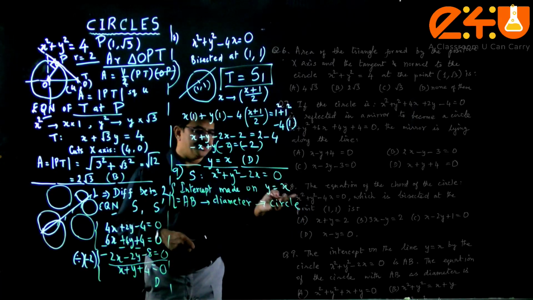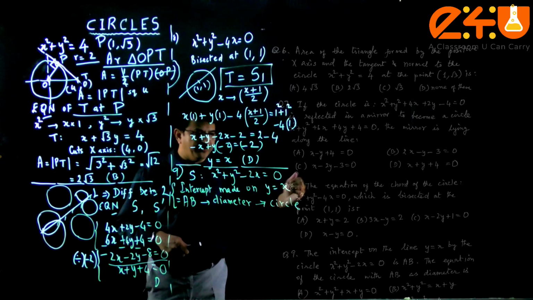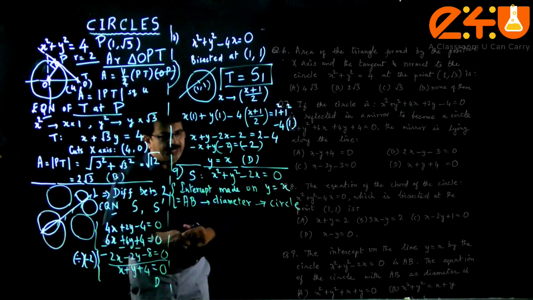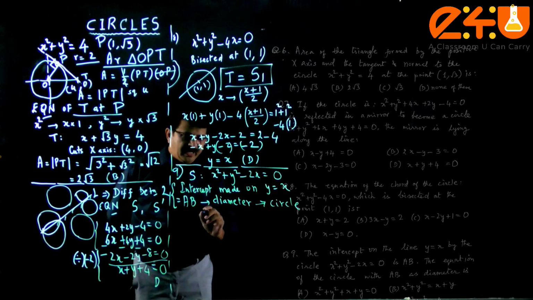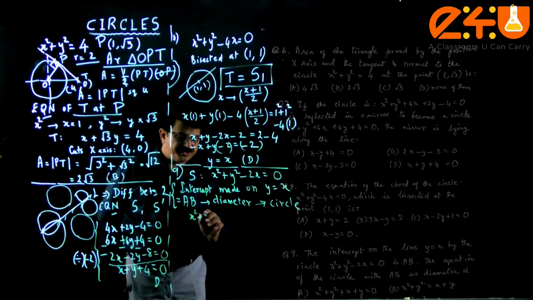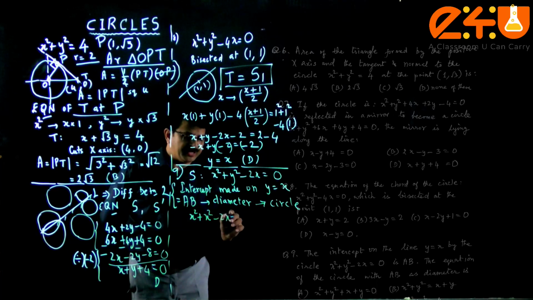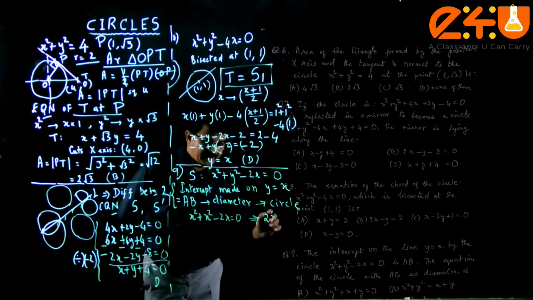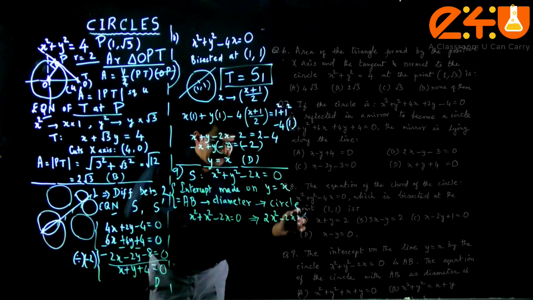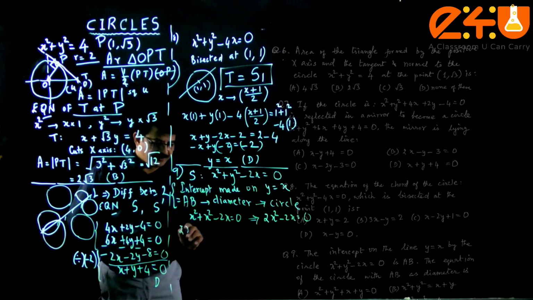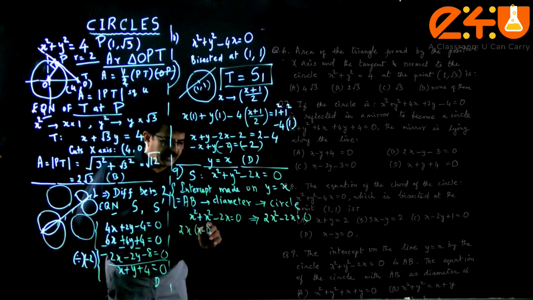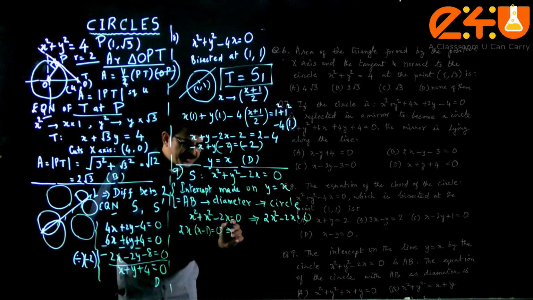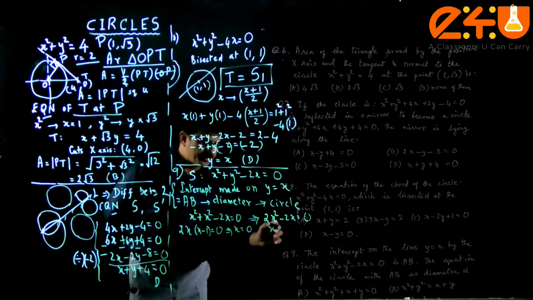Substitute y equal to x, solving the equation of circle and that of the straight line. So replace y with x only. I get x square plus again x square minus 2x equal to 0, which means twice x squared minus 2x is 0. Take 2x common.